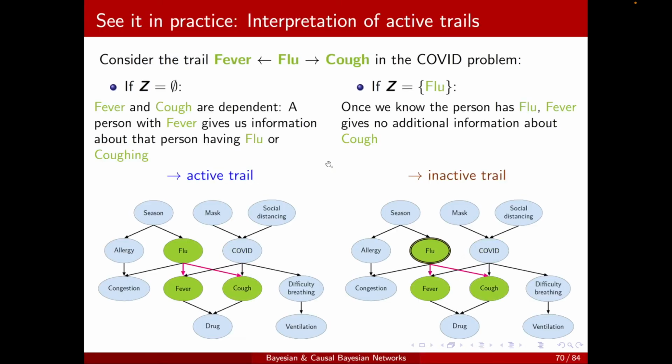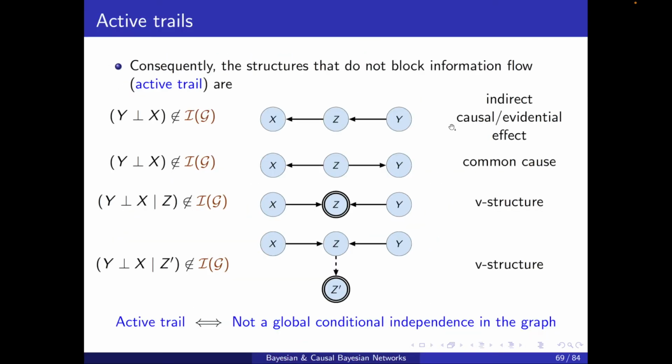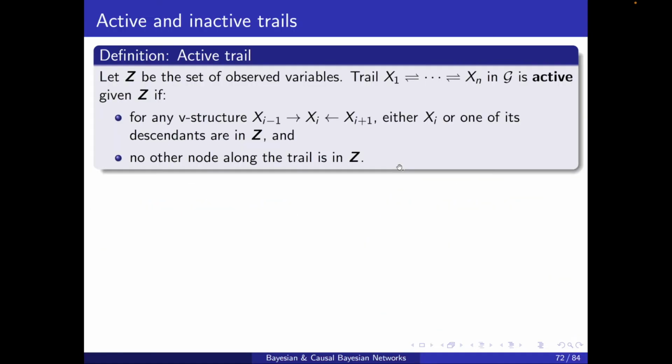Going back to our fundamentals here, you see that all of these are active trails. Only for the V structures should we have these nodes or their descendants observed, but for the other ones, nothing should be observed. And that is the definition of an active trail.